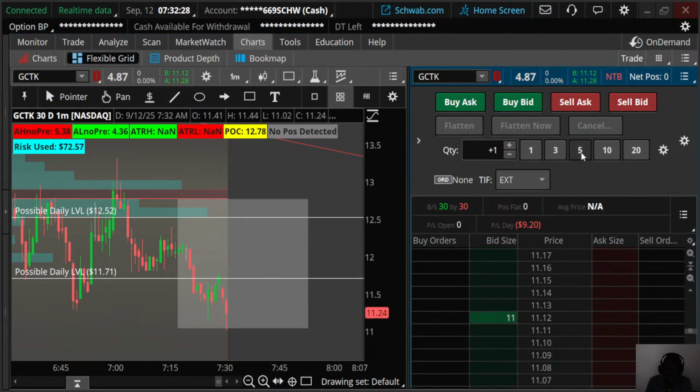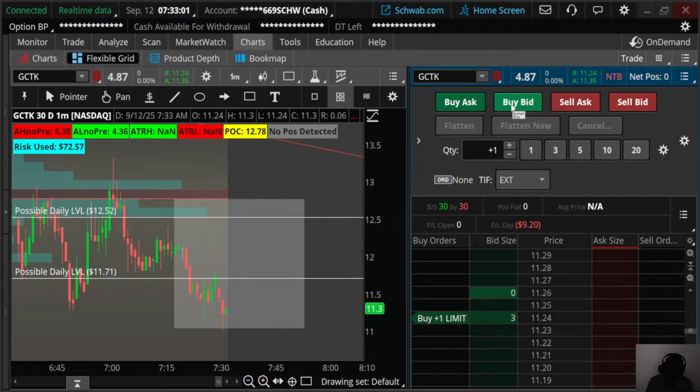All right. Watching it for a close. Close this candle. 27s. 11.25s.